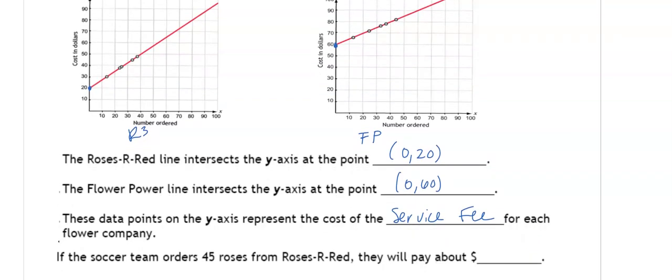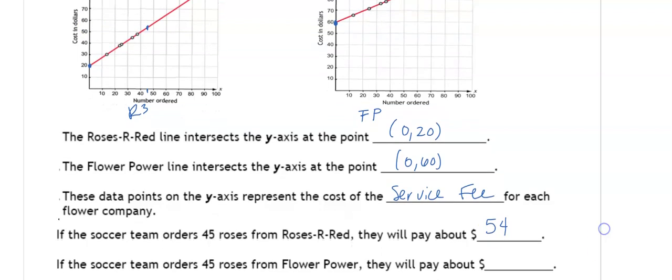If the soccer team orders 45 roses from Roses Are Red, they will pay about what? So we can approximately guess how much it's going to cost. So 45 roses is about here, which means it'll go about here, right? Which is approximately like $54. If you said 53 or 55, that's fine.